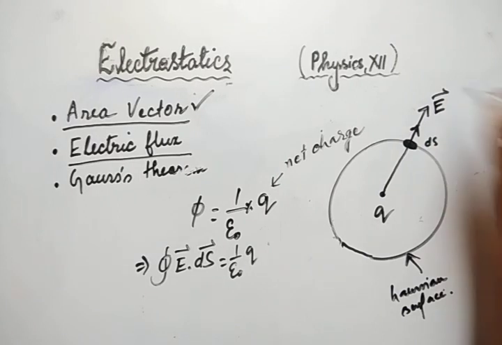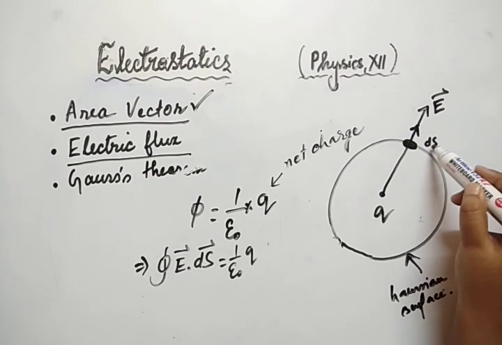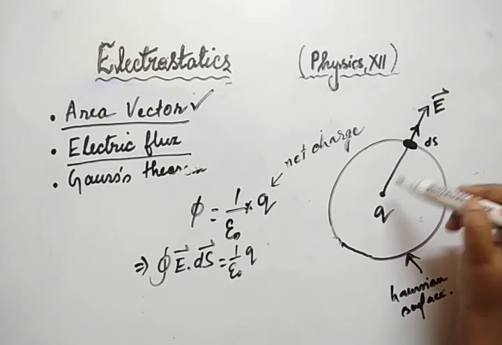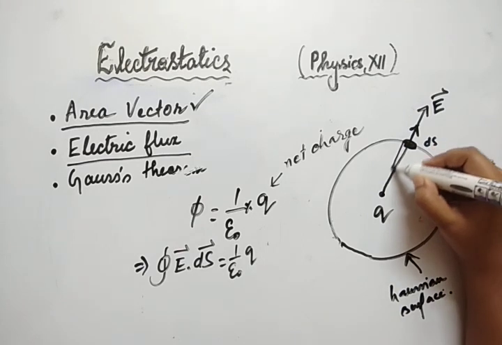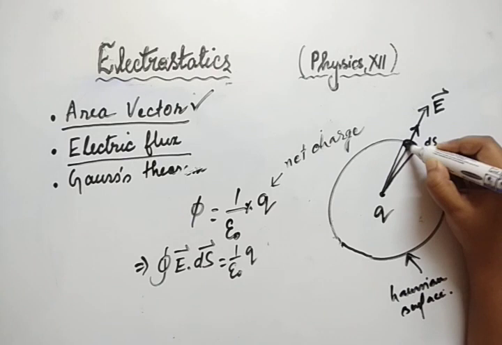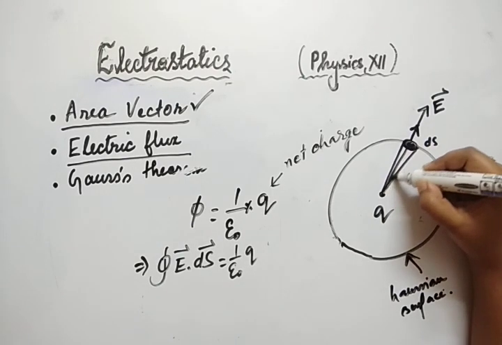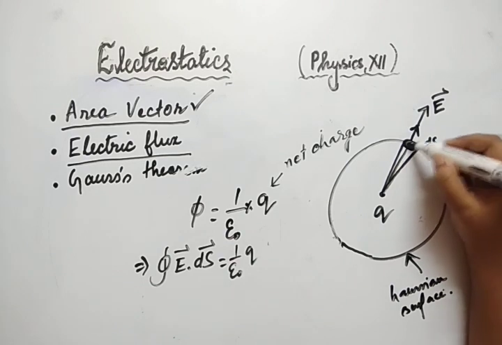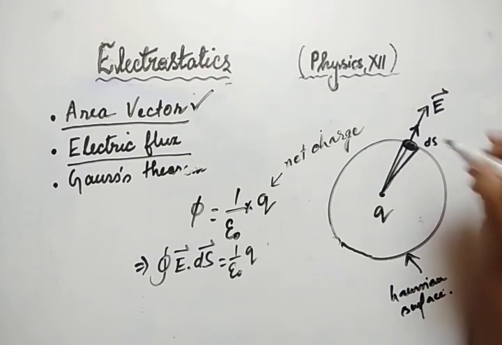Then we can say this E and ds are in the same direction since this is a point charge. We consider this area ds and it will be represented in the form of a cone.